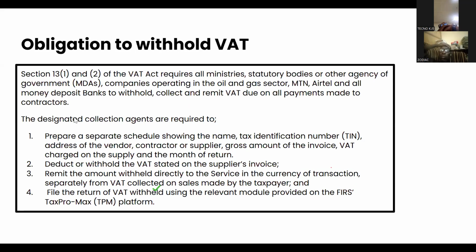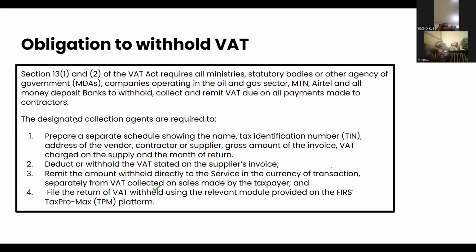Section 13, subsections 1 and 2 of the VAT Act requires all ministries, bodies, or other agencies of government, FPAs, companies operating in the oil and gas sector, MTN, Airtel, and all money deposit banks to withhold, collect, and remit VAT due on all payments made to contractors.